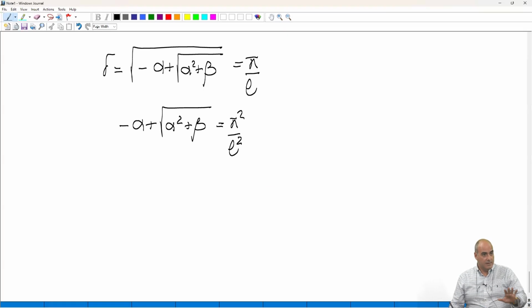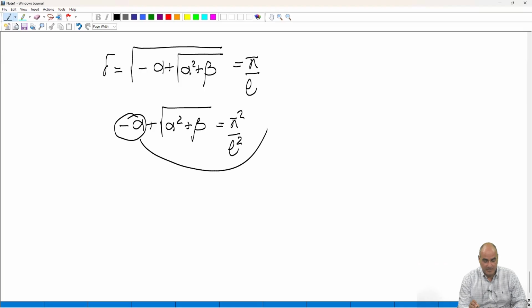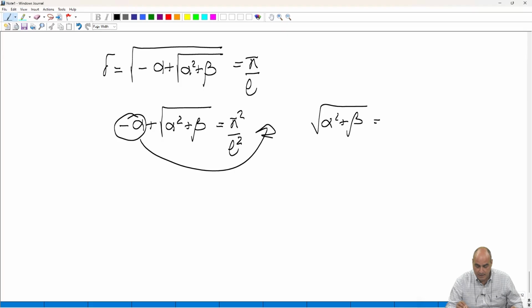Now, I see that I still have a square root in my equation. But before raising to the power, just bring this minus alpha here, because if we don't do this and raise immediately to the power, we're still going to have the square root. So we have the square root of alpha square plus beta equal to pi square over L square plus alpha.